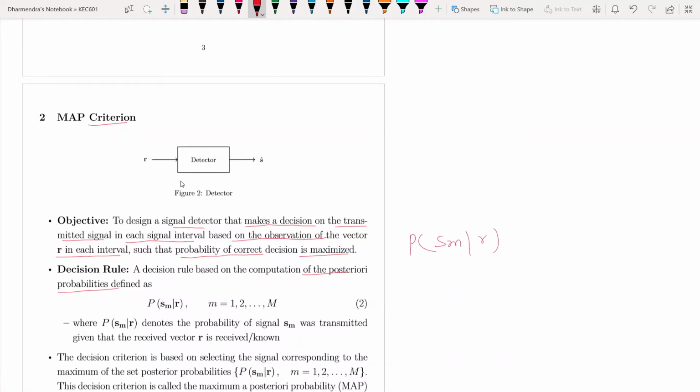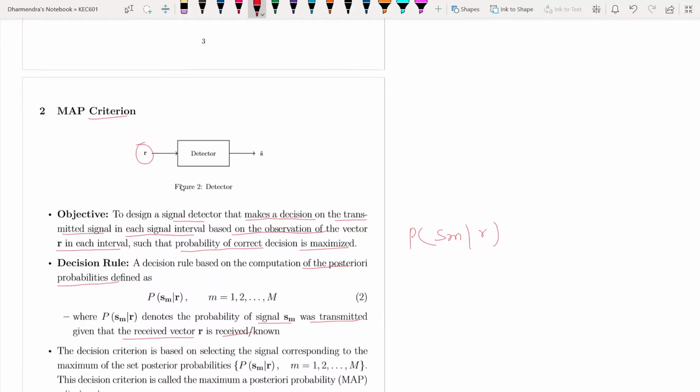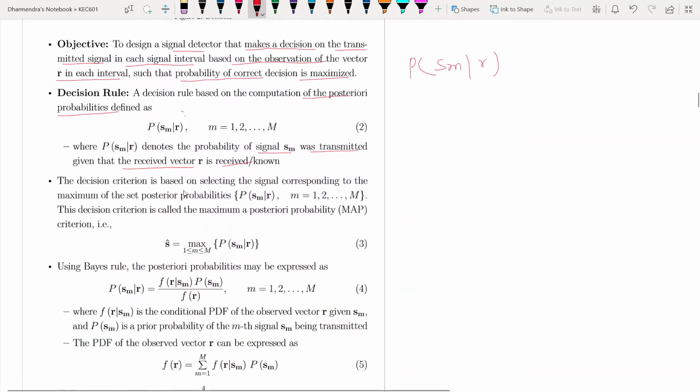P(Sm given R) is the probability that the signal Sm was transmitted given that the received vector R is received, because the detector only knows this received vector R. So the detector will decide which constellation point was transmitted. It will calculate this posteriori probability for each m, and the decision criterion is based on selecting the signal corresponding to the maximum of the set of posteriori probabilities.